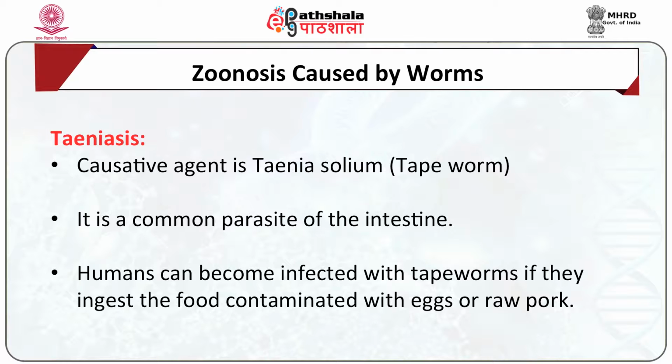It involves two hosts, human being and pig. Pig is the intermediate host. It is a common parasite of the intestine. Humans can become infected with tapeworms if they ingest food contaminated with eggs or raw pork.